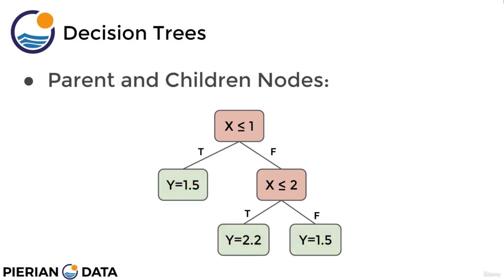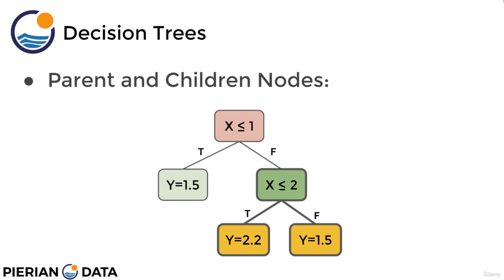Now there are also relationships between the nodes, and these are sometimes known as parent-children nodes. You won't really hear us refer to this too often, but I do want to explain what this means. Here we have a green parent node on top, and then the resulting nodes after a split are the children nodes. And we have another relationship here.